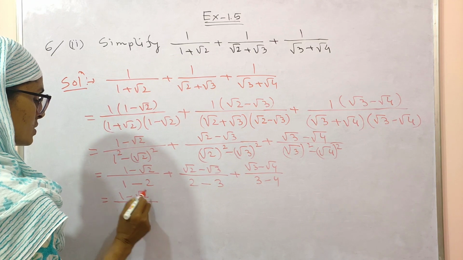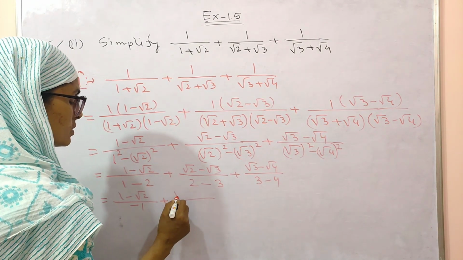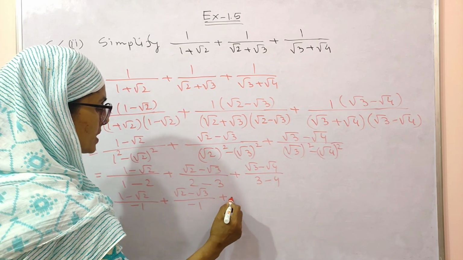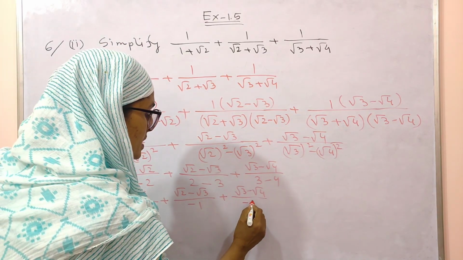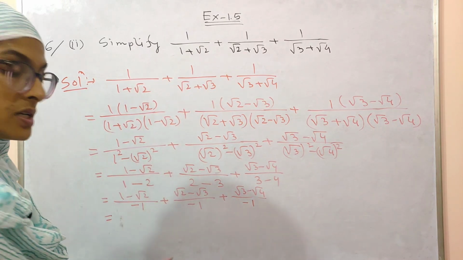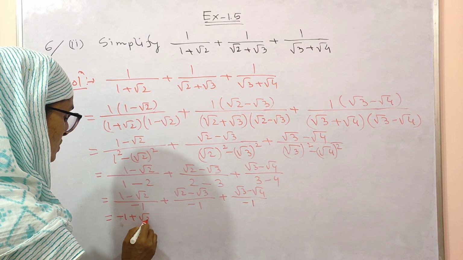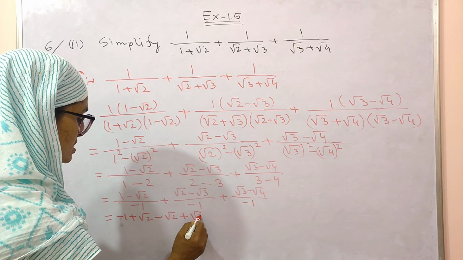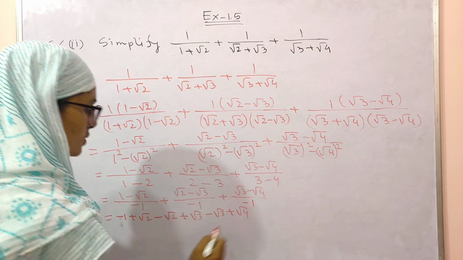(1 minus root 2) by (1 minus 2), which means minus 1, plus (root 2 minus root 3) by (2 minus 3), which means minus 1, plus (root 3 minus root 4) by (3 minus 4), which means minus 1. So multiply by minus 1 in both numerator and denominator. You will get minus 1 plus root 2, minus root 2 plus root 3, minus root 3 plus root 4.